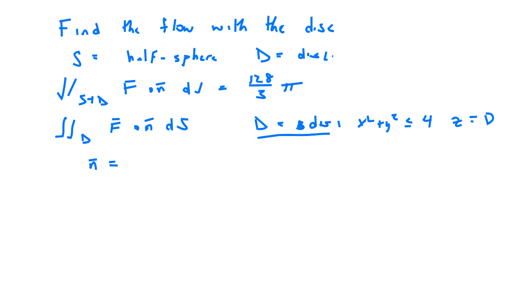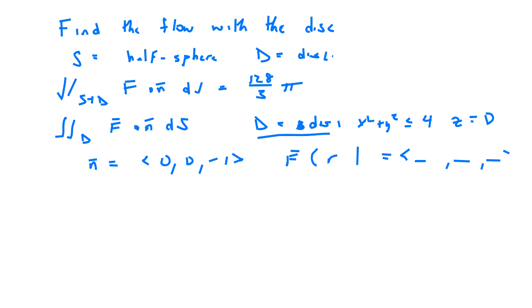And then you have to remember that to make it so the divergence theorem works, we need it out. So 0, 0, negative 1, which means when we put in the parameterization, what's the only term we care about? The last one, right? So this is the only one we care about.